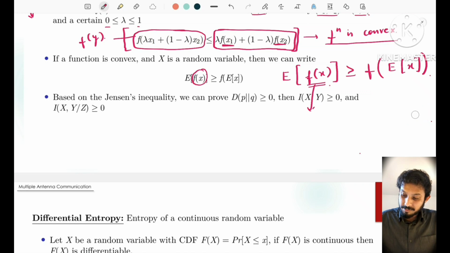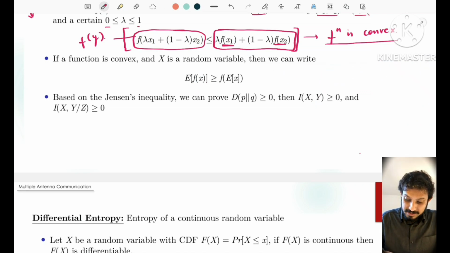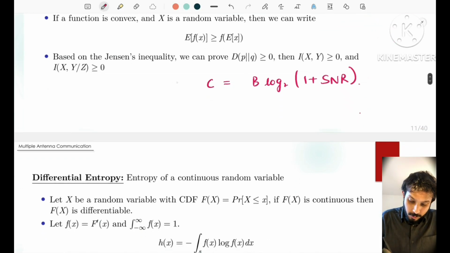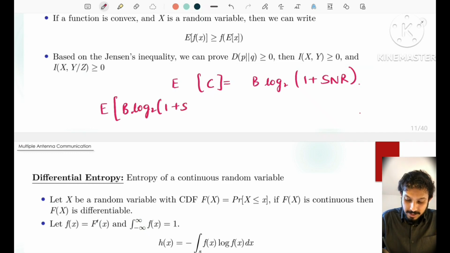And the classical example where Jensen's inequality is applied is in the capacity, because we know capacity is equal to B log 2 (1 plus SNR). And if we want to take expectation of this capacity, we can write it as E[B log 2 (1 plus SNR)].